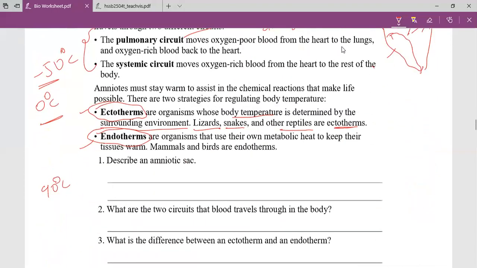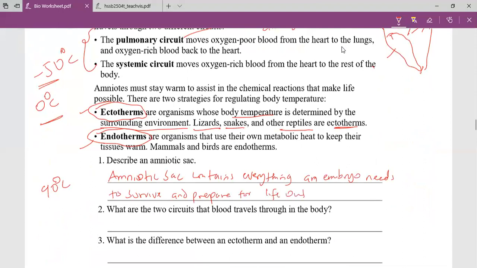Is that understood? The amniotic sac contains everything an embryo needs to survive and prepare for life outside.